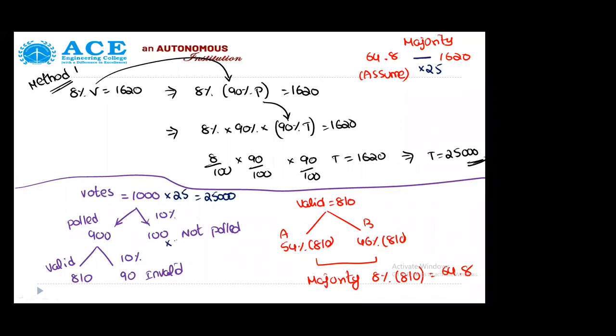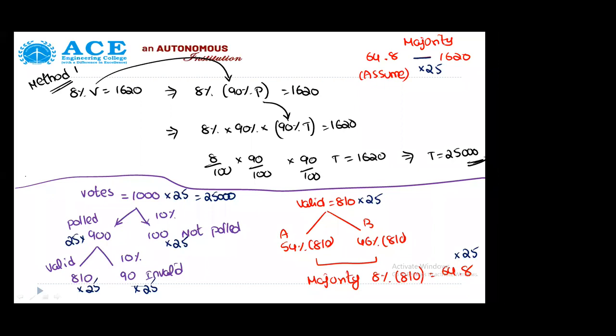How many not polled, also into 25. How many invalid, if they ask, you should do into 25. How many polled, into 25. Whatever they are asking, you do into 25. They ask total votes, so for that only you do 1000 into 25 and stop, which is 25,000.